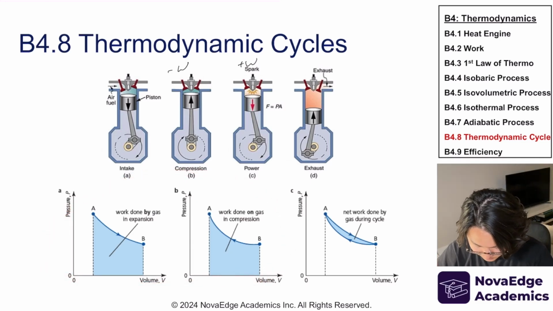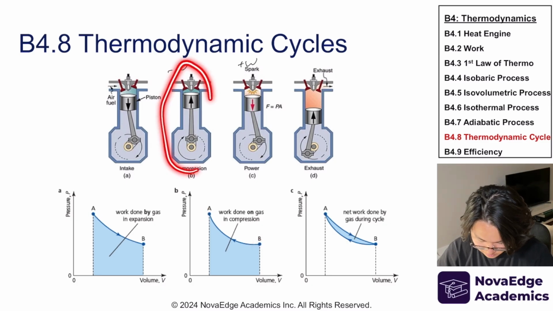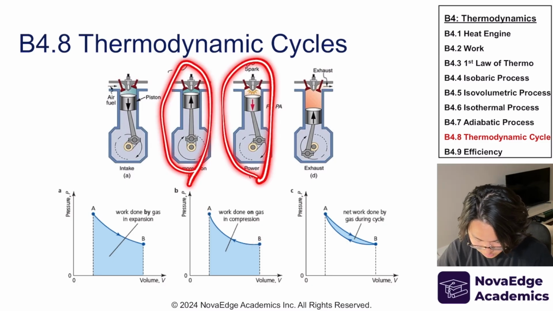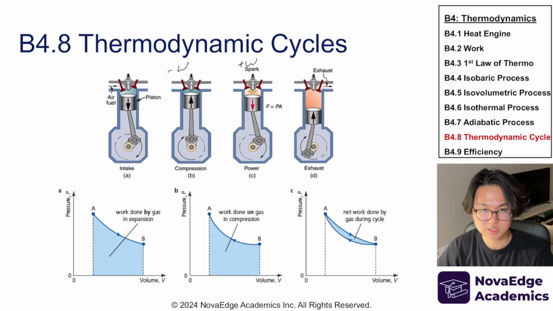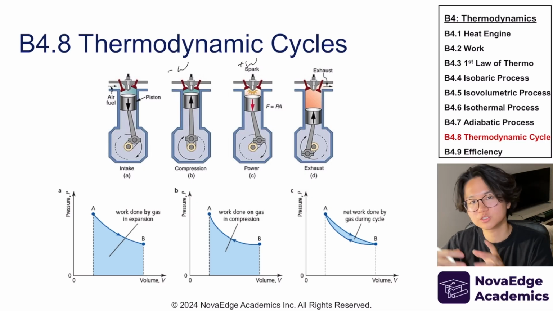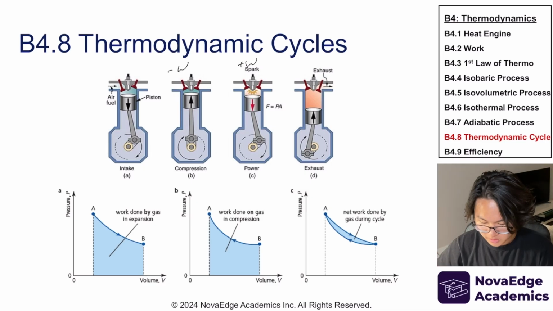For example, work done by gas in expansion is A to B, and work done on gas in compression is B to A. So B to A is here, A to B is here, right? So the net, the difference between them, is this area here. That's what we're actually interested in. And so this touches on how much energy you put in and how much you get out of it, okay? And that comes to the topic of efficiency.